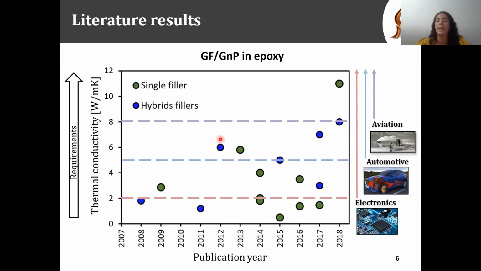Therefore, in order to achieve a significant enhancement that enables the industry to extend the lifetime of their material and consequently get better heat dissipation, we must cross 10 watt per meter Kelvin.